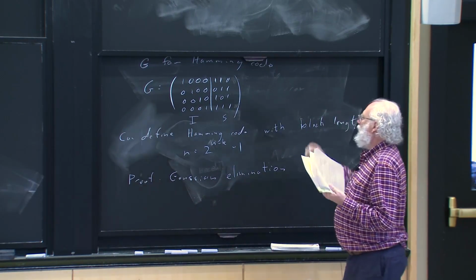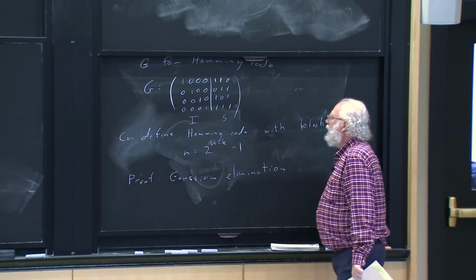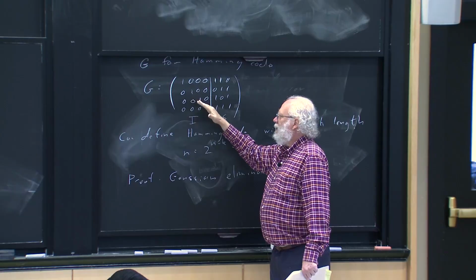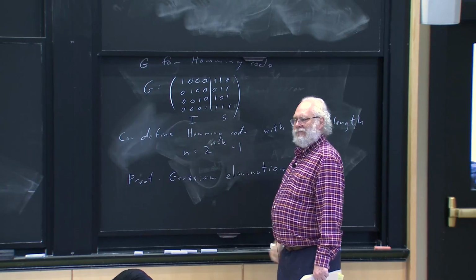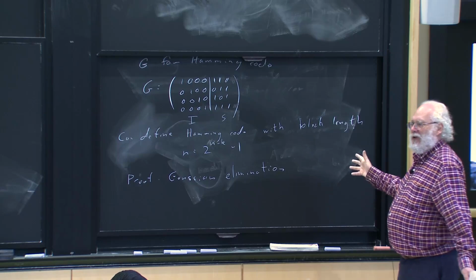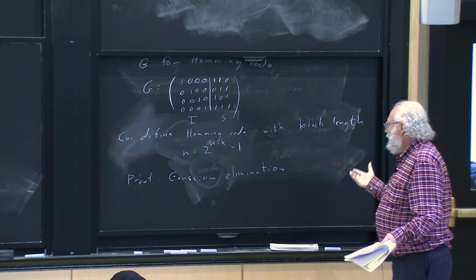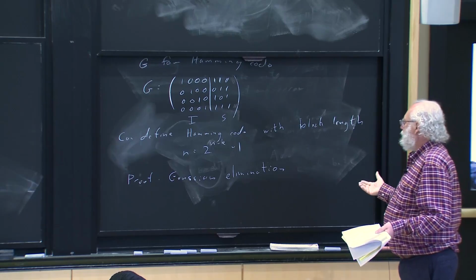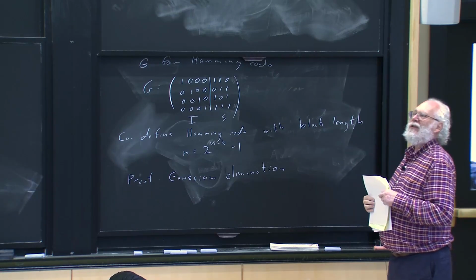You take the code and you do Gaussian elimination on it, and then you rearrange the order of the coordinates to get this identity. And I'm not going to go into further details because they're not that important for this, and they're not in the notes either.